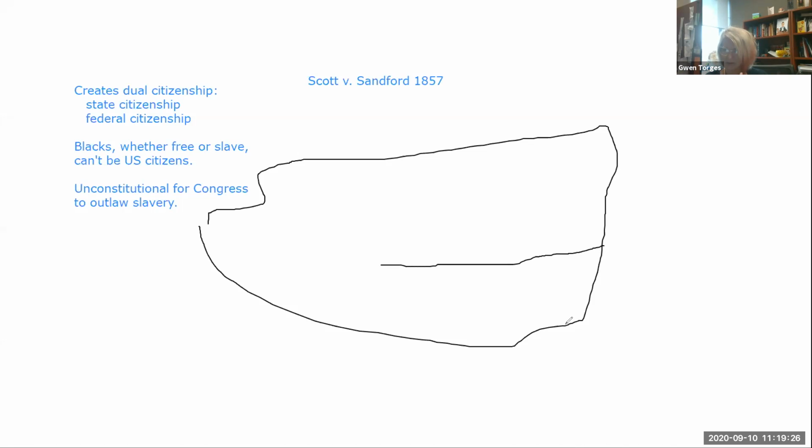There was a line they drew, which was near the Mason-Dixon line, well, not exactly. As states were admitted north of that line, Congress in their enabling legislation was silent on the question of slavery. But states that were admitted south of that line, their enabling legislation said that, I'm sorry, I said it backwards. The southern states, they didn't say anything about slavery.